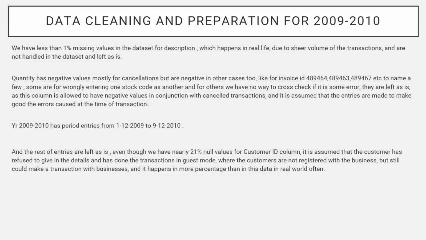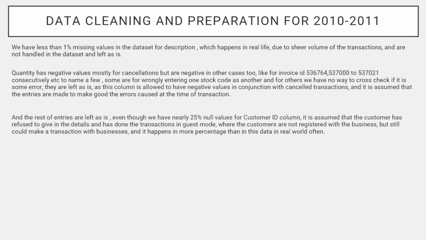And then yeah, we can see that there are certain missing values in the description which are less than 1%. That's all right. You could just handle it or leave it as it is. It really doesn't make a lot of difference because it's less than 1% of over a million rows, and it is practical to have missing values in description.